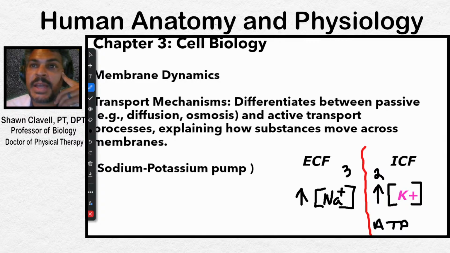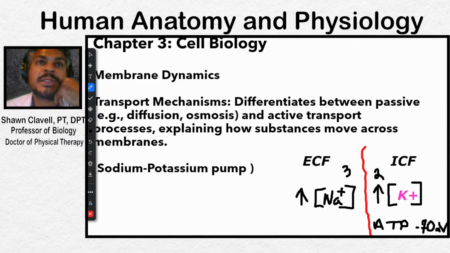So the sodium-potassium pump is responsible for maintaining the concentration inside and outside. And now that you have a chemical gradient, there's also what's known as an electrical gradient. In irritable or excitable cells, there is an electrical gradient on the inside of the cell somewhere in the range of negative 70 millivolts.